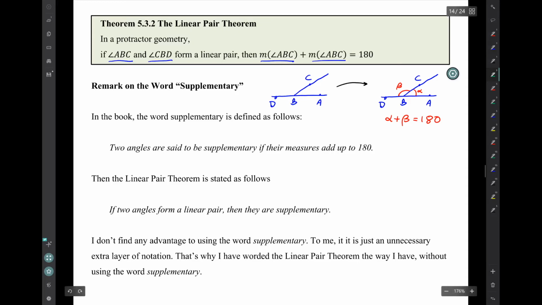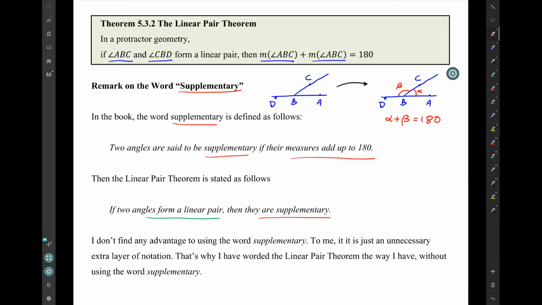Now I want to comment here on the use of the word supplementary. In the book, the word supplementary is defined as follows. Two angles are said to be supplementary if their measures add up to 180. So then the book states the linear theorem in this way. If two angles form a linear pair, then they're supplementary.